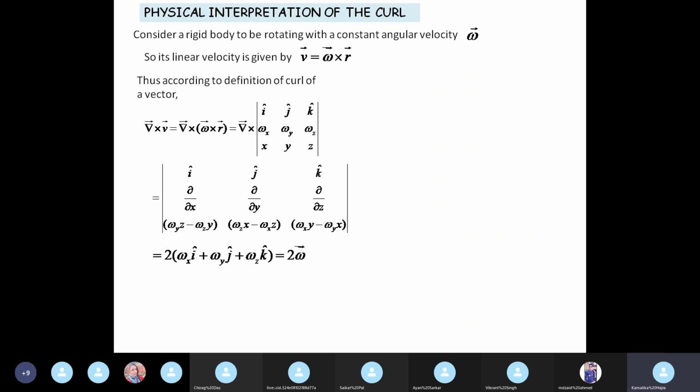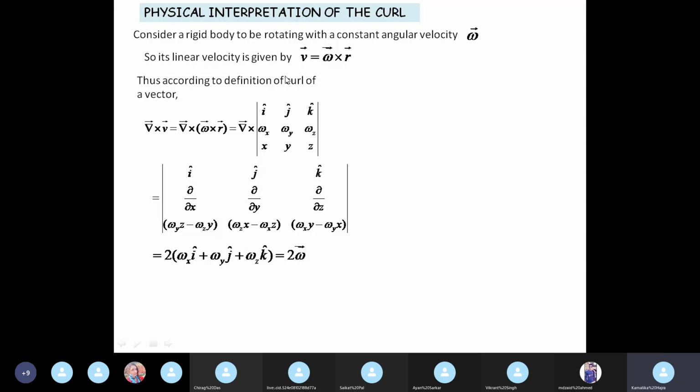We know that the linear velocity of an object is equal to omega cross r, where omega is angular velocity. So if you take the curl of the linear velocity, you are basically taking the curl of omega cross r.